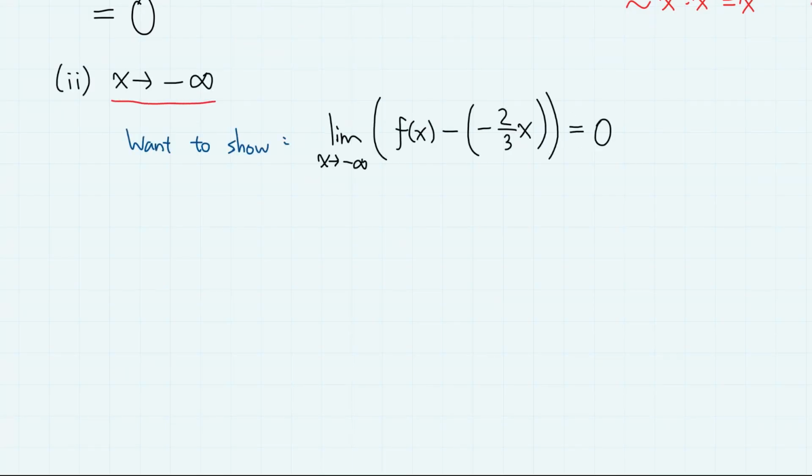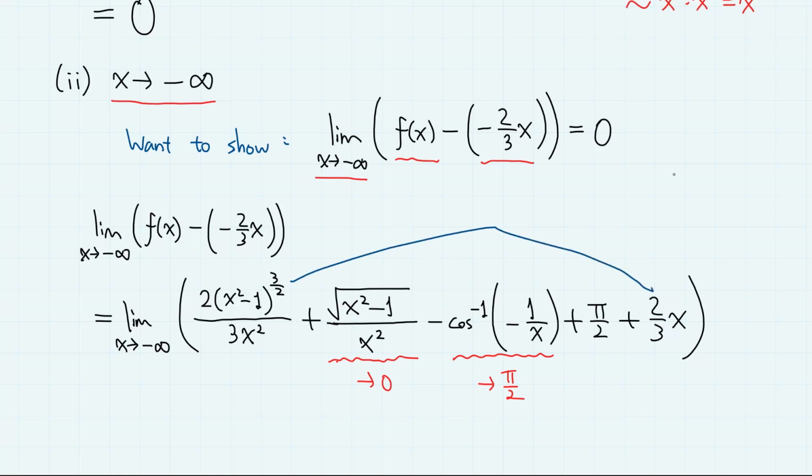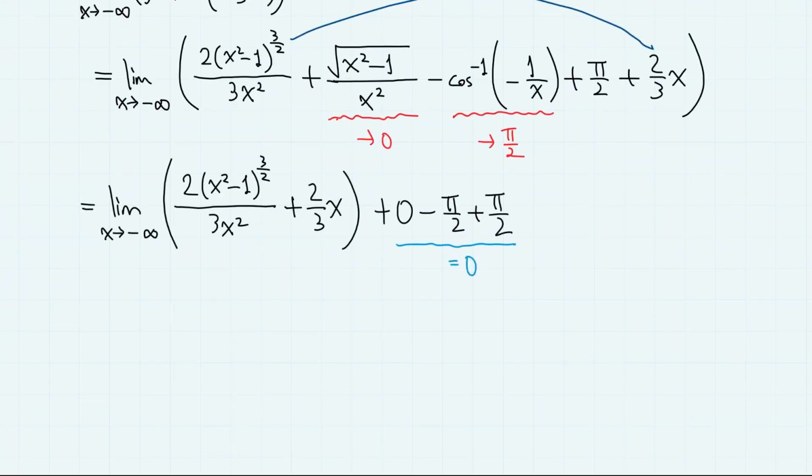And as for x approaching negative infinity case, we now want to prove that the limit of the difference between f of x and minus 2 over 3x approaches 0 when x goes to negative infinity. So now we use the expression of f of x on x less than negative 1. Again, the second and third term converges, so we only group first and last terms and split the limit into first and last terms and the other terms, which is 0 by the way.